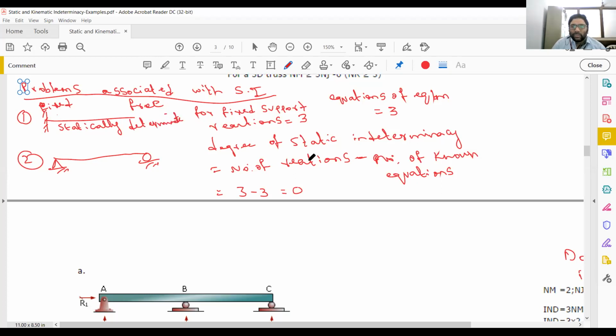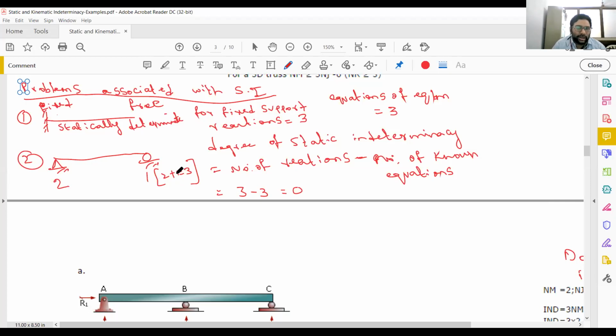Very, very important one. Now, for pinned, how many reactions will be there? Karthik, it is not fixed, it is pinned. You said 3, it is actually 2. For pinned, we will have 2 reactions, and for roller, we have 1 reaction. So, how much is the total? 2 plus 1 is equal to 3.